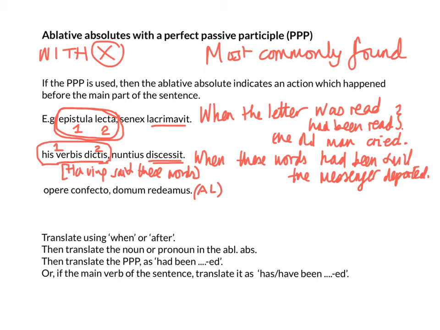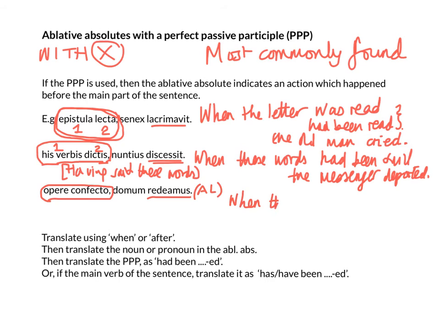The reason why this is harder is that I've used a present subjunctive for our main verb. So redeamus means let us go back or let us return. And because my main verb is in the present, then that's going to have an effect on how I translate the ablative absolute. So I'm still going to say when to start off with, because that's a good way to start.